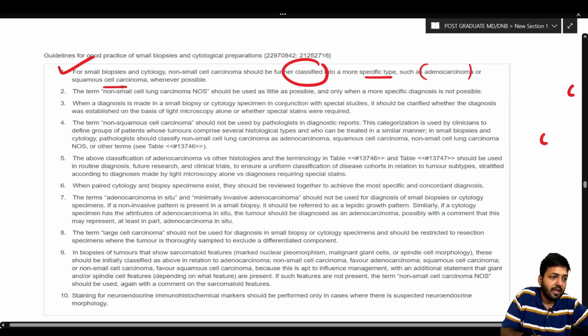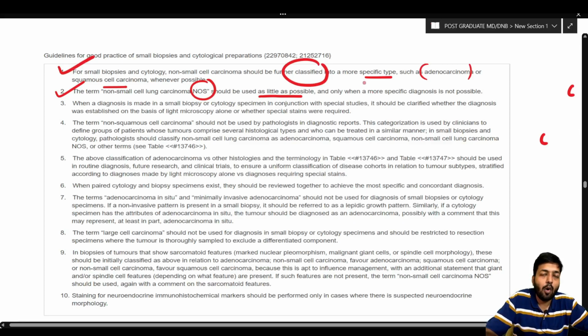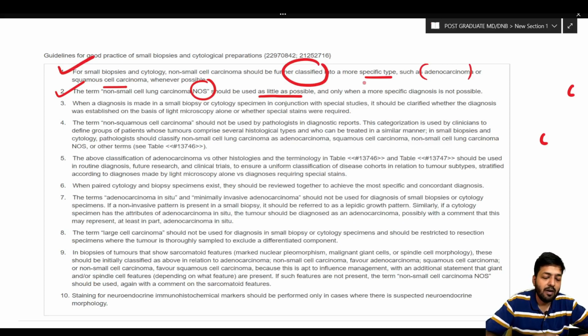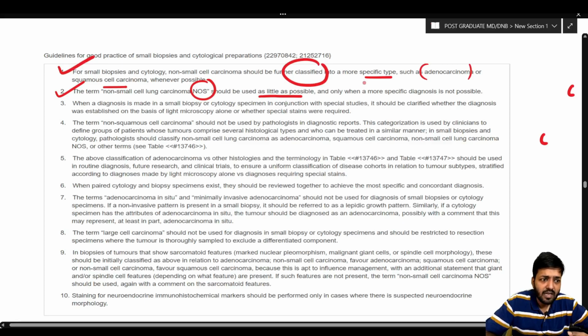Second important thing, the term non-small cell lung carcinoma NOS should be used as little as possible. Non-small cell lung carcinoma NOS means that you have exhausted all the possibilities, and you are sure it is not an adenocarcinoma, it is not a squamous cell carcinoma, it is not a large cell carcinoma or large cell neuroendocrine tumor.